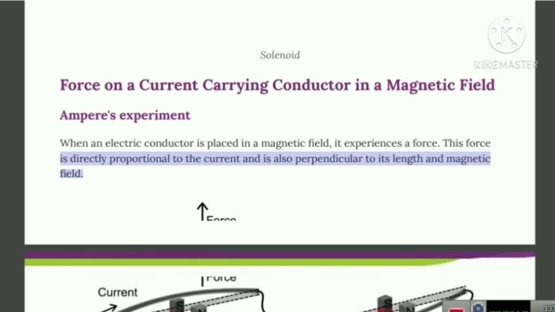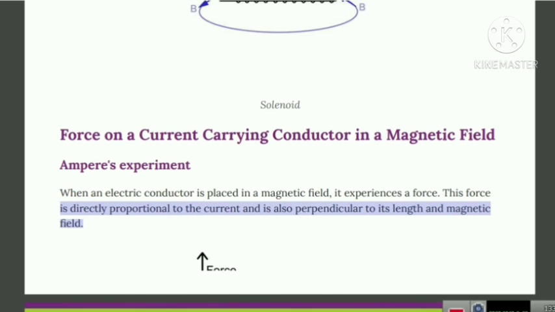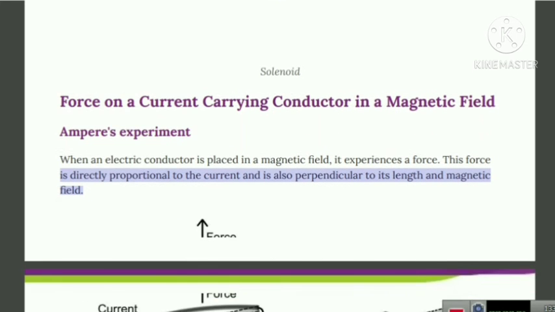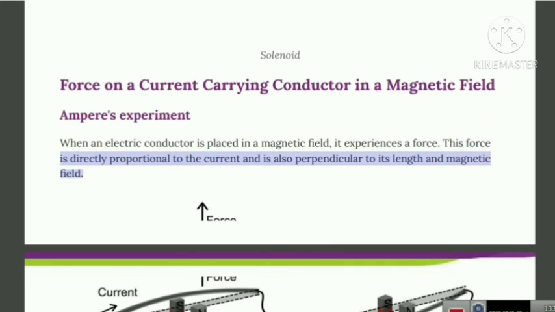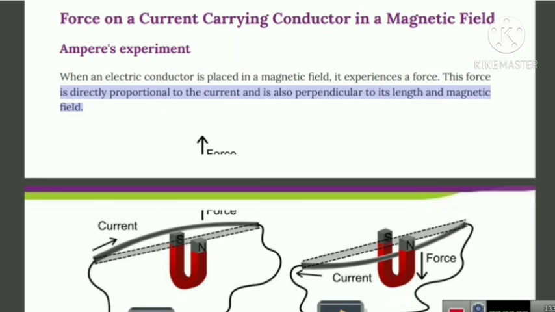It is proportional to the current flowing through this conducting material, and it is perpendicular to its length and the magnetic field. Here a magnetic field will be produced, and the force is perpendicular to this magnetic field. So you can see that the field so produced exerts a force on the magnet placed in the vicinity of the conductor. Here we have kept the magnet in the vicinity of the conductor.